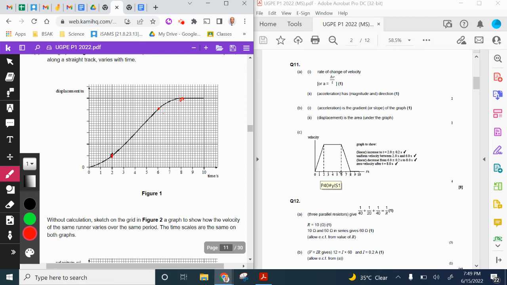So it's decreasing in velocity from 6 to 8, and then we need to have a straight line from 8 to 10. Okay, so we're looking for 1 mark, 2 mark, 3 mark, and 4 mark there, to get all of the marks for this particular section.